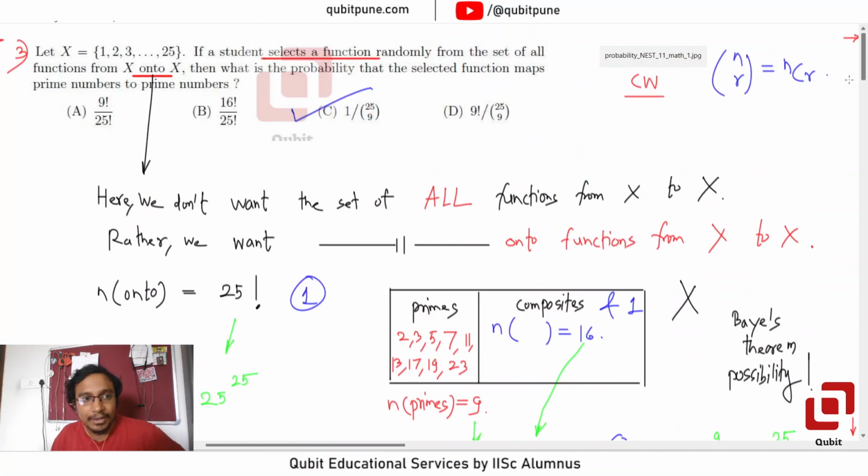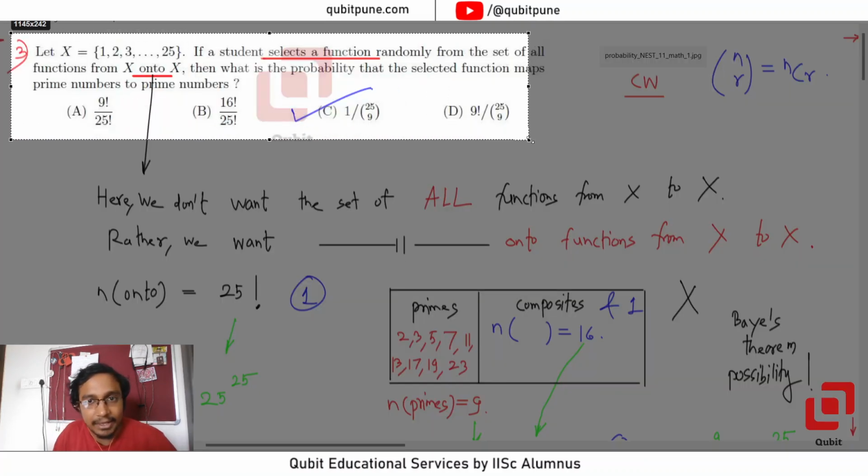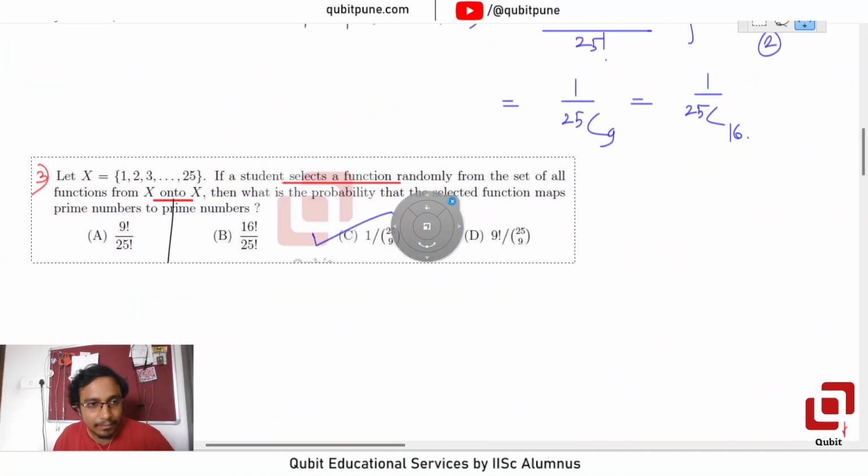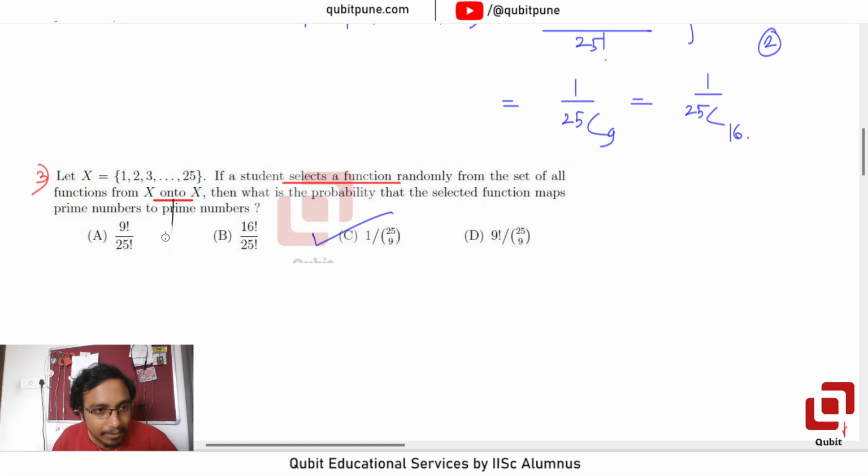See, अगर कोई requirement नहीं डाला, अगर उन्होंने बोला है कि from X to X इतना ही है, onto नहीं, मतलब onto का requirement नहीं है, I mean we are relaxing that constraint. Right. So there are 25 elements, and for each element we have got 25 different options. So the number of total functions would be 25 raised to 25. ठीक है?